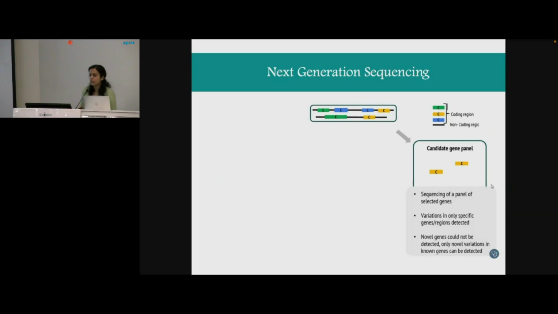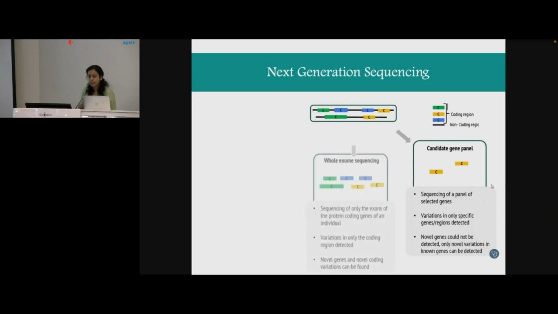In other conditions where there are about 30-40 genes, you can make a panel and go ahead with targeted testing. The good part is that you have a set of genes, so the analysis is very simple. You can identify the variation in any specific gene or region you are detecting. But you cannot cover novel genes in targeted testing, though you can get novel variations present in that set of genes.